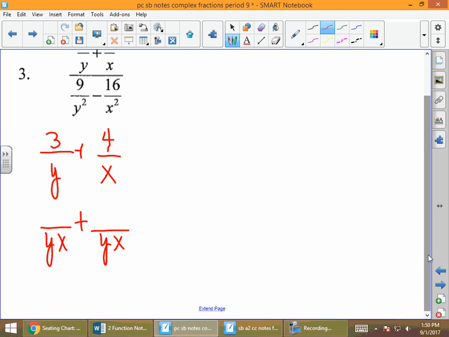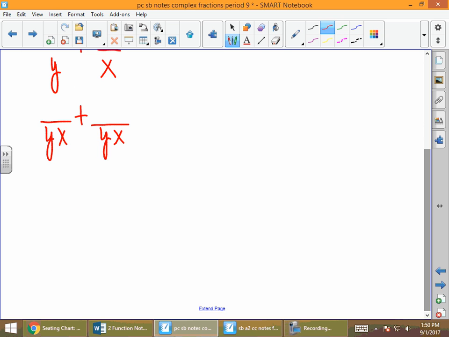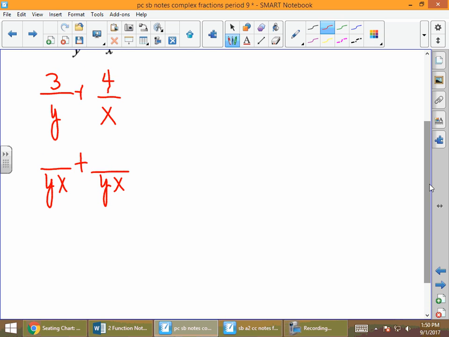Well, what did we put into this denominator that wasn't there before? We put in an x. This is going to be 3x. Ask yourself the same kind of question over there to the right. What did we put into that denominator that wasn't there before? It's the y.